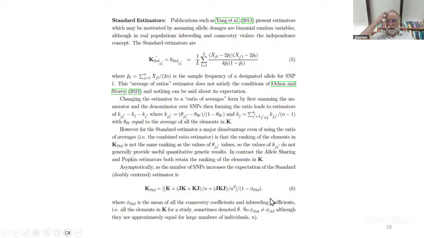I'll give another version of it shortly. Again, it's scaled, but basically it's the centering matrix times K times the centering matrix, again divided by this 1 minus phi standard. That's not the form that's written here, but I'll come to that. I'll write it out in the other form shortly.